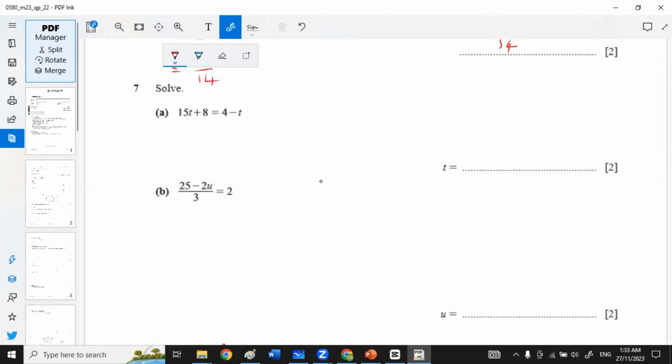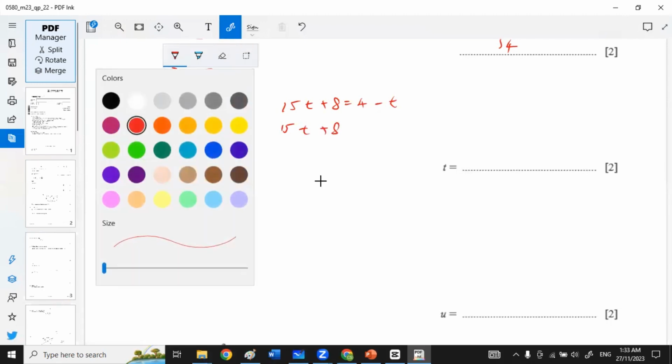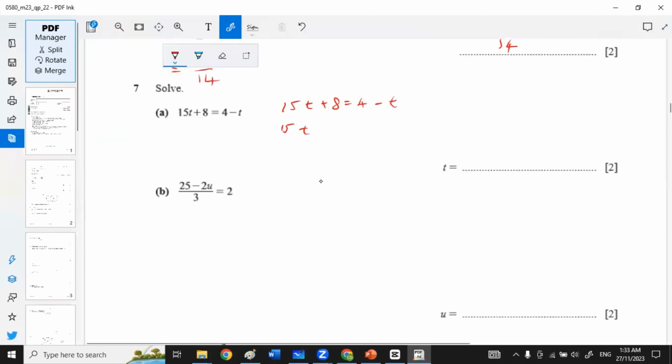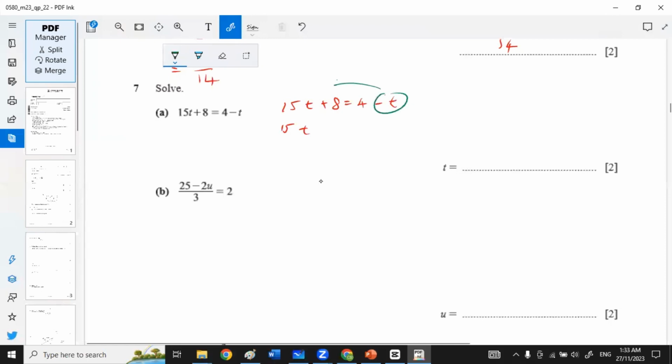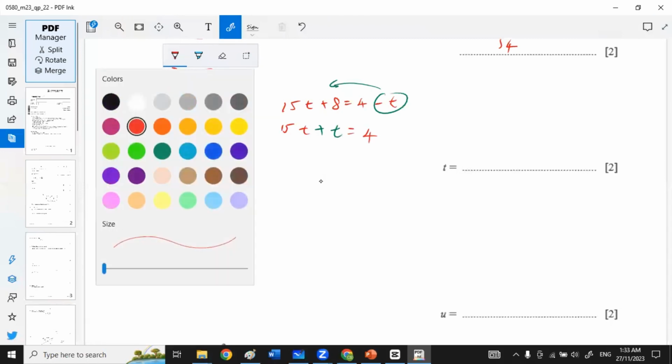Number 7, solve the following. Okay, A and B. So 15t plus 8 equal to 4 minus t. I will just do as slow as possible. Okay. So 15t plus 8, you bring the t over. First, we bring the minus t to the other side, it becomes plus t, and then equal to 4 and 8.